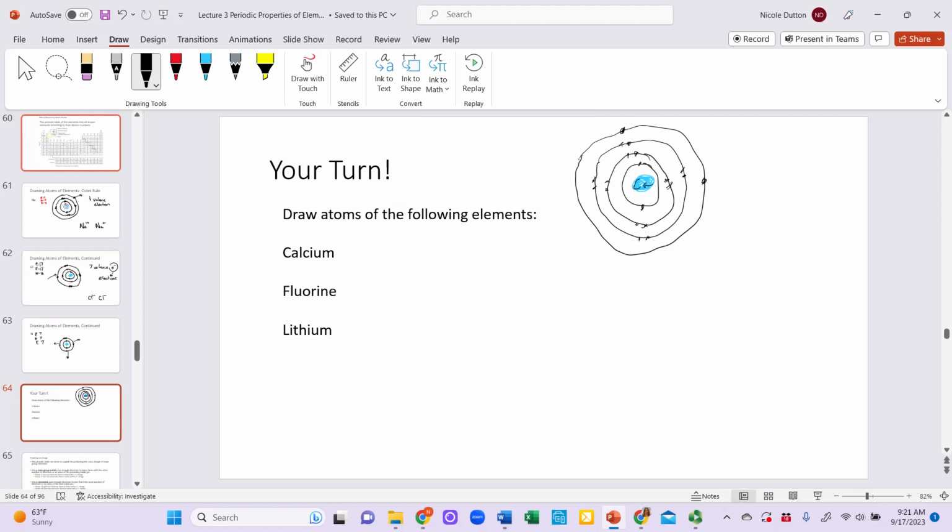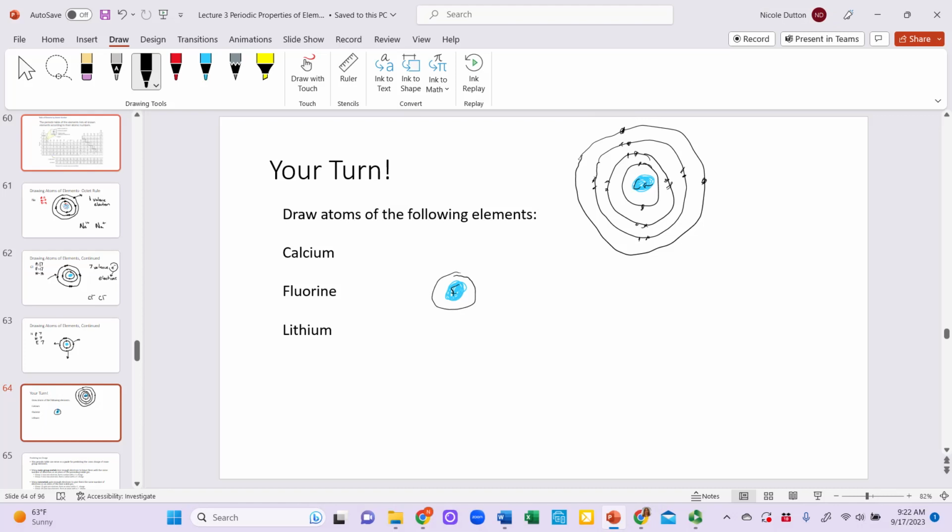The next one is fluorine. So fluorine has an atomic number of 9, and it has an atomic mass of 18.998, which we can round to 19. So we can draw the central nucleus. And I'm just going to put the letter F in the center for fluorine. Now we're going to draw our rings with our electrons.